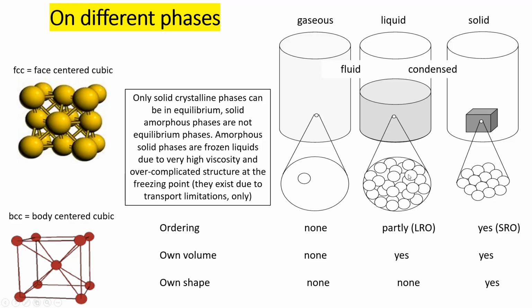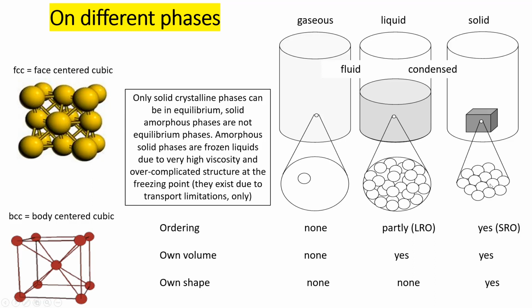At most it has a long-range order. Amorphous phases actually form upon cooling from a liquid due to very high viscosities of the liquid. And this is because the cooling rate is so fast that the atoms or molecules have simply no time to be arranged according to the crystalline order, and then they remain in this quasi-liquid state.